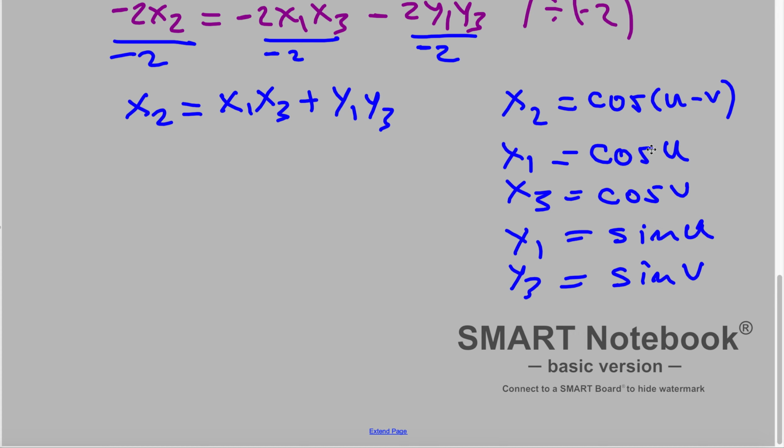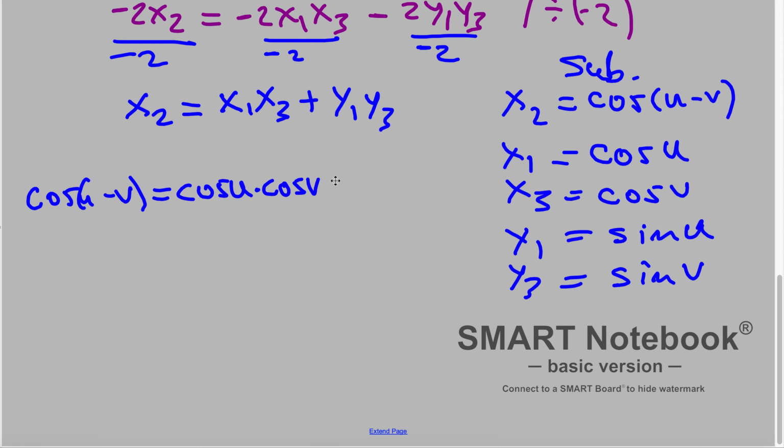If we are substituting, then cosine of u minus v is equal to cosine u, cosine v, plus sine u, sine v. So we have already proved this trigonometric identity: cosine of u minus v is equal to cosine u times cosine v plus sine u times sine v.